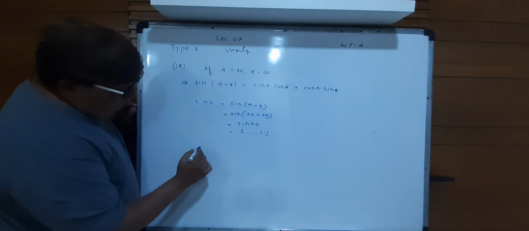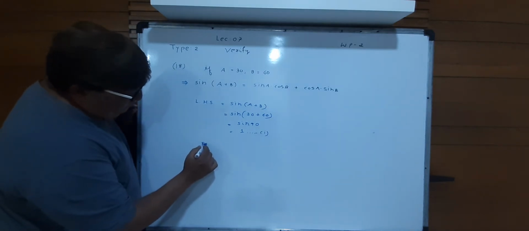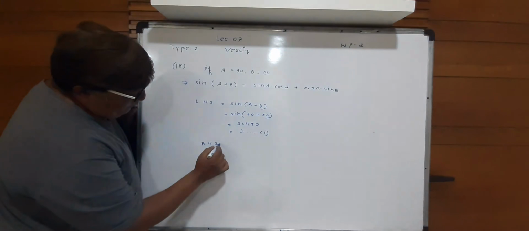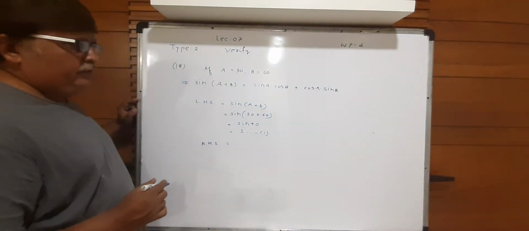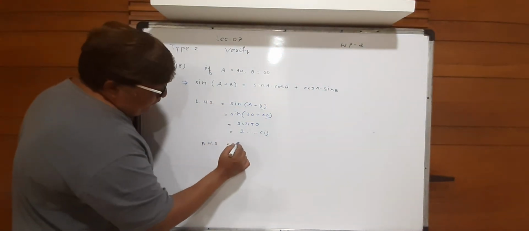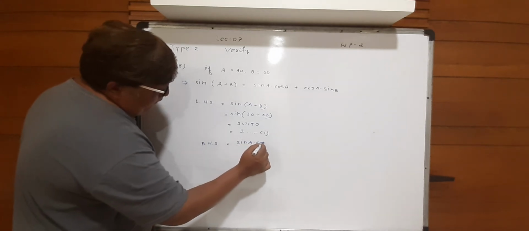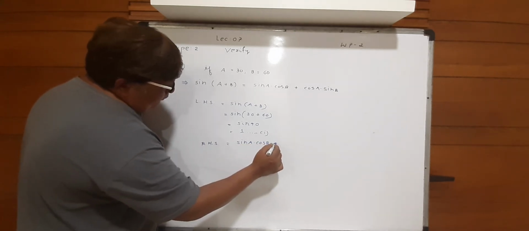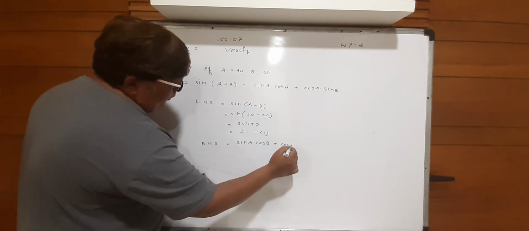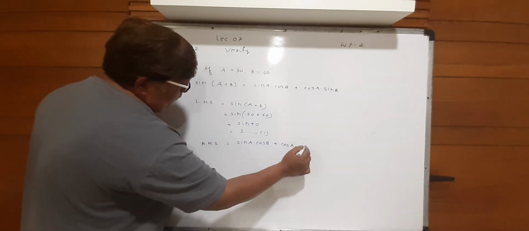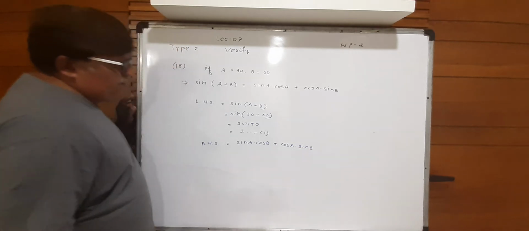Now let us go for RHS, okay? RHS equal to, first let us write sin A into cos B plus cos A into sin B, okay?